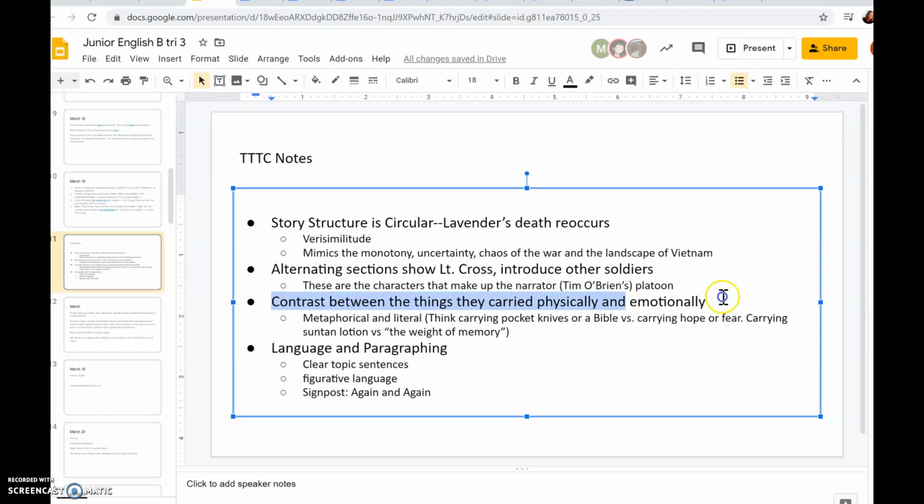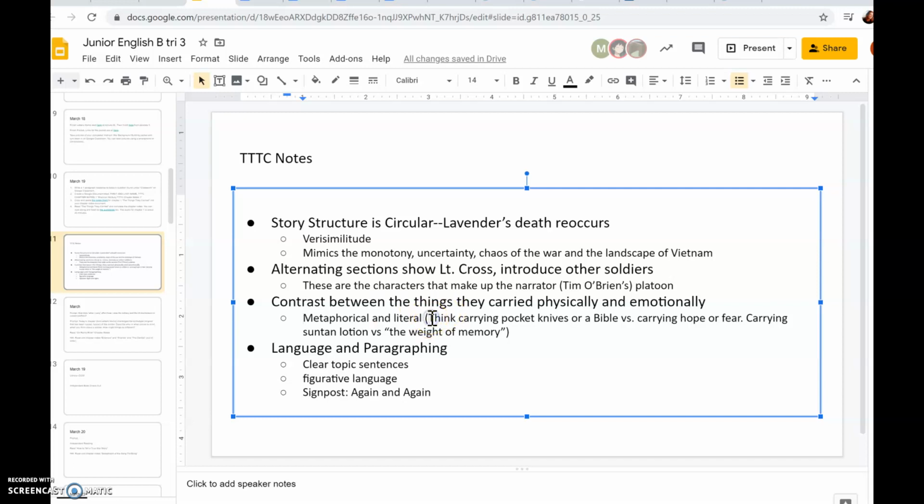Pay attention to, in this chapter, the things they carried, the soldiers, the things they carried physically and emotionally. So there's some metaphorical and literal things that they carried. And I'm going to ask you throughout reading this book to consider some of those physical and emotional, or metaphorical and literal, things that you carry in your life.